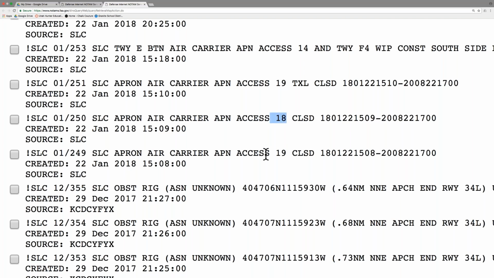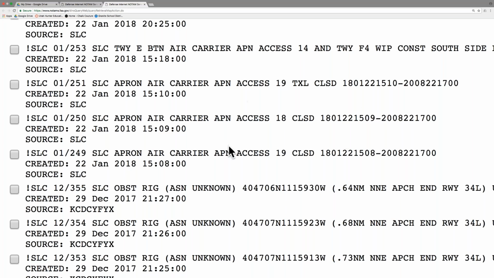This 18 is on that east-west side. They're currently building an entire new terminal there. And the CLSD just means closed. So that air carrier apron access spot 18 is closed. You don't need to worry about that so much. You just need to know that that's where the remarks are going to be found.